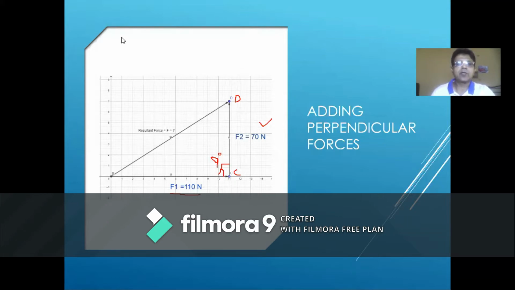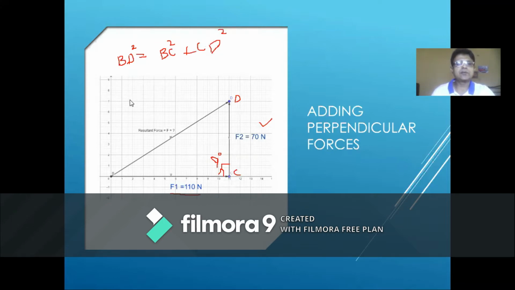Using the Pythagoras theorem, BD square equals BC square plus CD square.